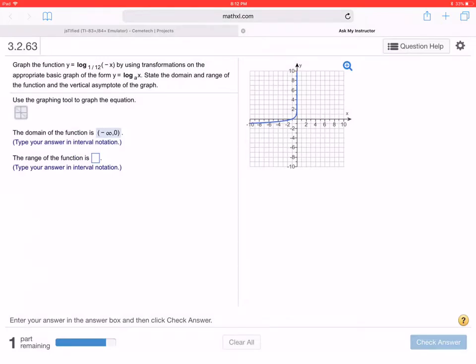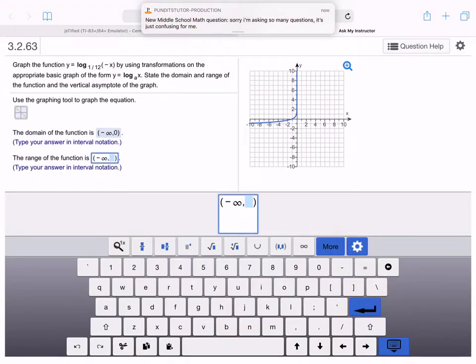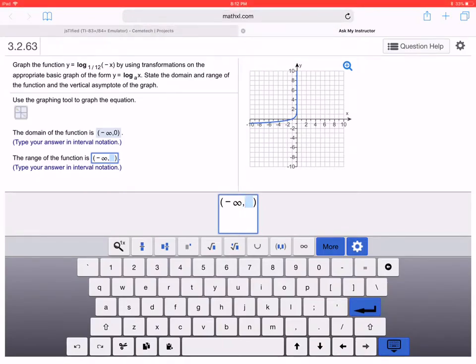The range is the very bottom to the very top. For this type of function, it's going to be all reals. So I'm going to use parentheses, negative infinity up to infinity. Oh, I lost my parentheses.